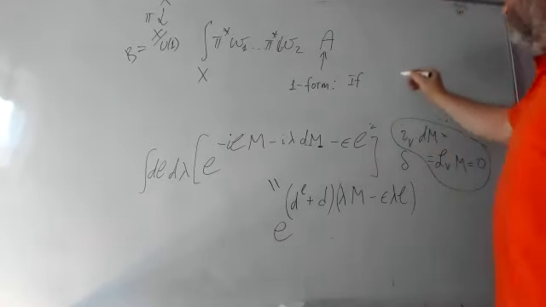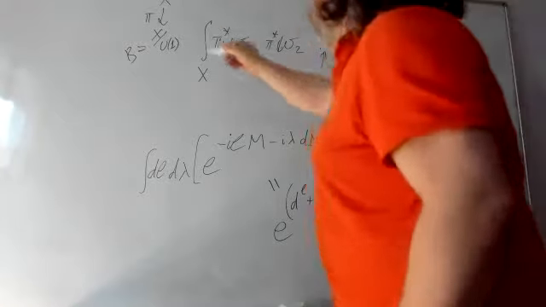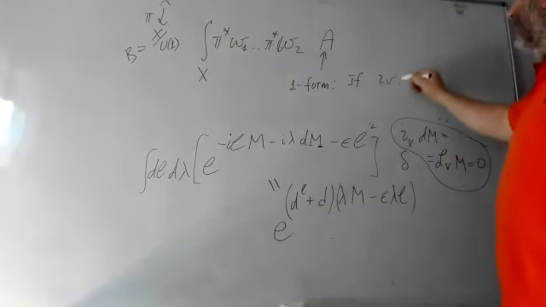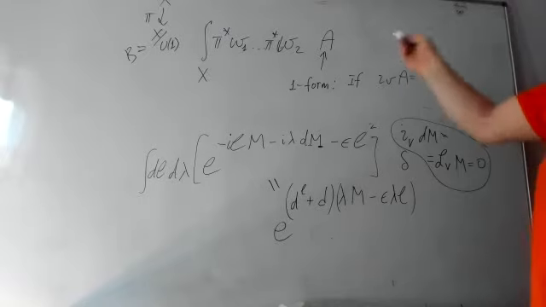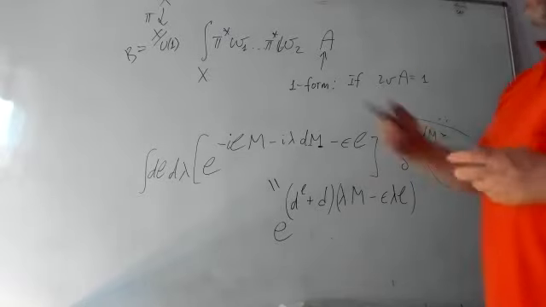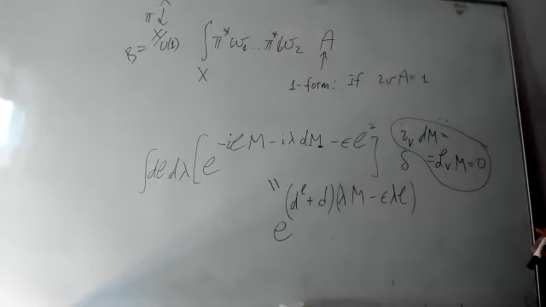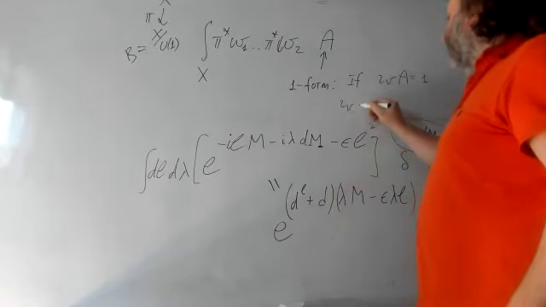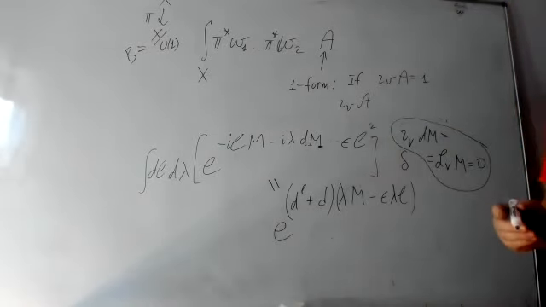If IV, so V is the action of this U1, on A equals 1, then it's exactly what I want. Now what happens if IV applied to A is not 1? It's something.